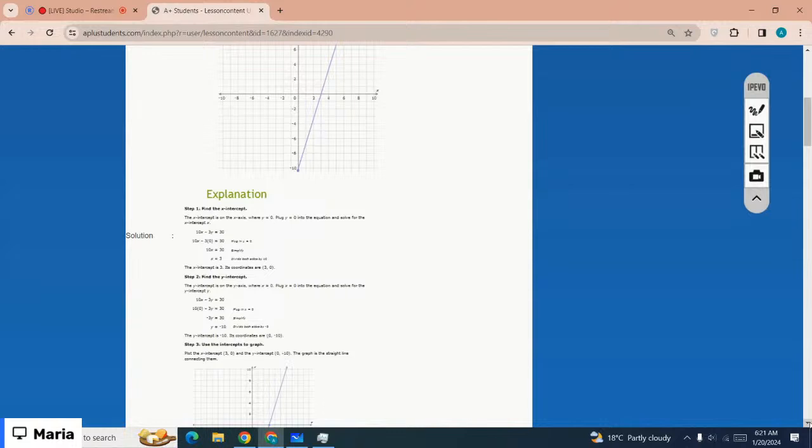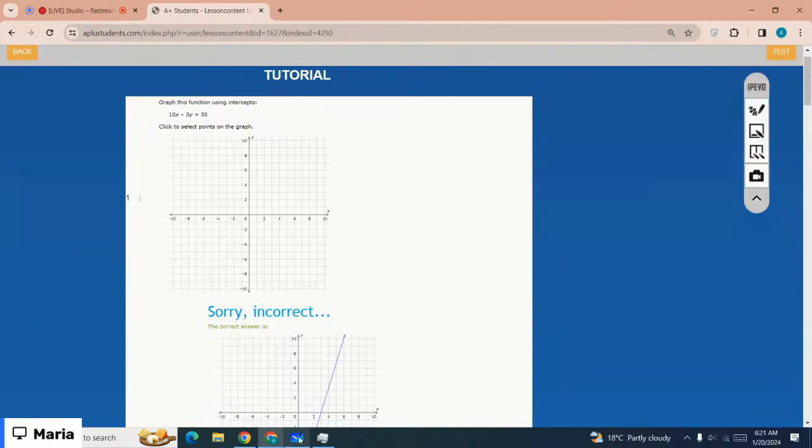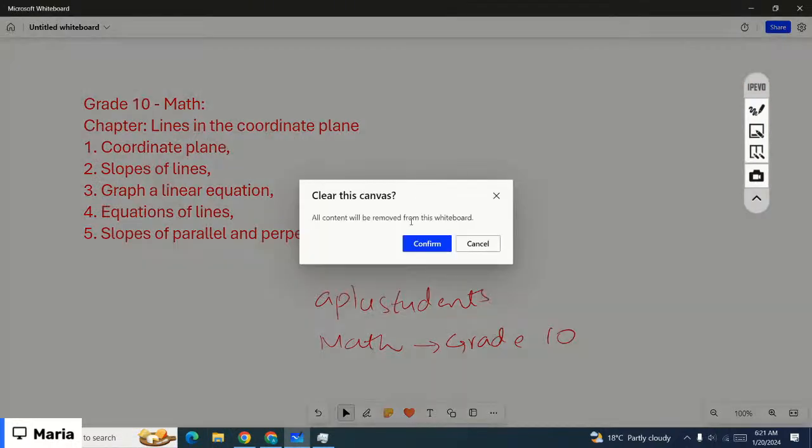Okay, you have to calculate the x-intercept and the y-intercept. We cannot read it here, so let's just do it on the board. 10x minus 3y equals 30. Let's calculate the x-intercept first, right?